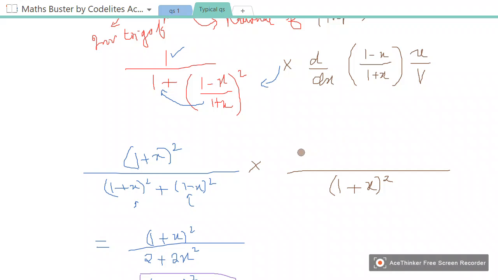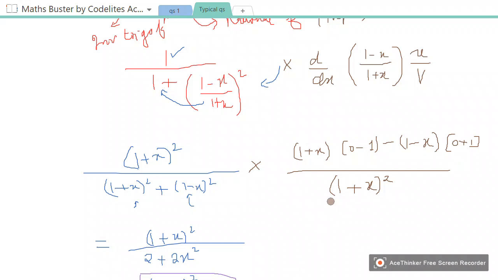In the numerator we leave v alone, 1 plus x, and differentiate u: derivative of 1 minus x, derivative of 1 is 0 minus derivative of x is 1. Subtraction. Now we leave u alone, 1 minus x, and differentiate v, that is 1 plus x. Again the derivative of a constant is 0, derivative of x is 1.